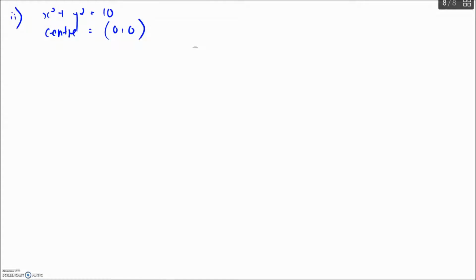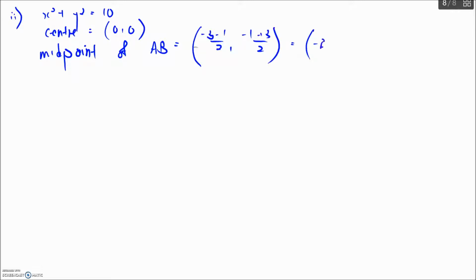Now I'm going to find the midpoint of AB using the midpoint formula. After that, I'm supposed to find the gradient of AB. And using that, we can find the gradient of the perpendicular bisector of AB, which is the negative reciprocal of the gradient of AB.